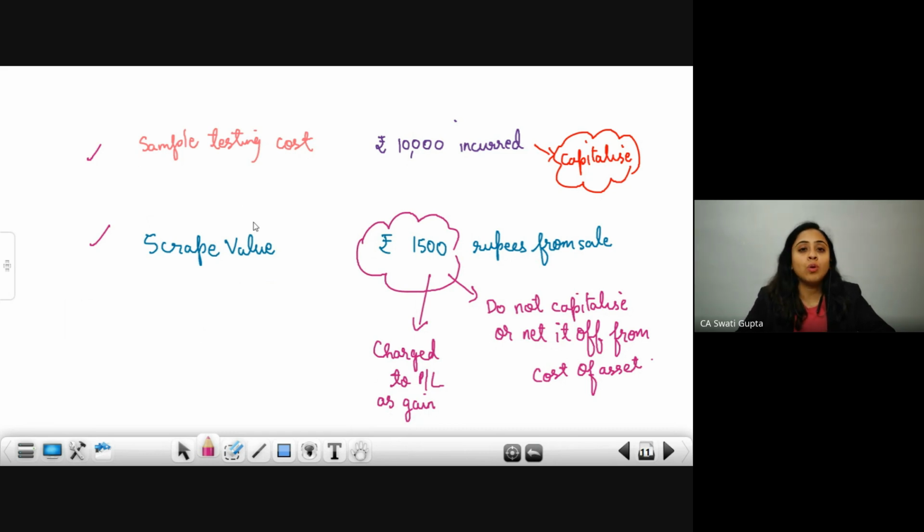We do not know at what time or at what amount it will be sold. Also, if somebody does not sell the scrap, they can still use the machine. So since scrap sale is avoidable, we are saying do not capitalize it, do not deduct it from the PPE amount.